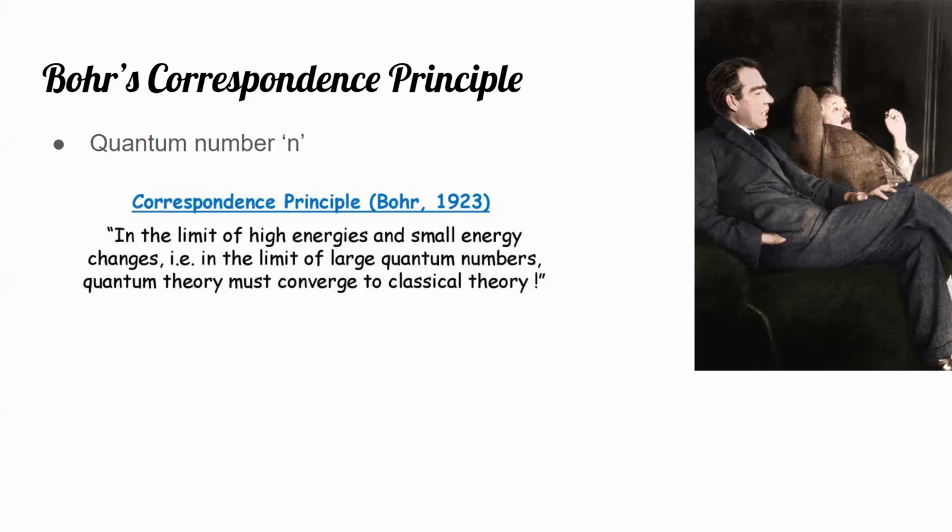However, if you increase this quantum number, the spacing between the different energy levels in which the electron can sit becomes closer and closer and closer. And when you reach a certain point, what's called the semi-classical range, all the laws of quantum mechanics still apply. However, your energy levels are so close together that you can essentially call them a continuum at that point.